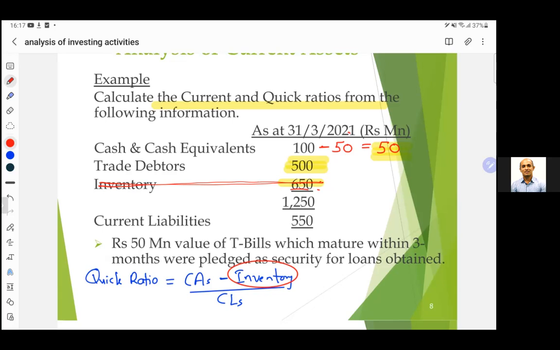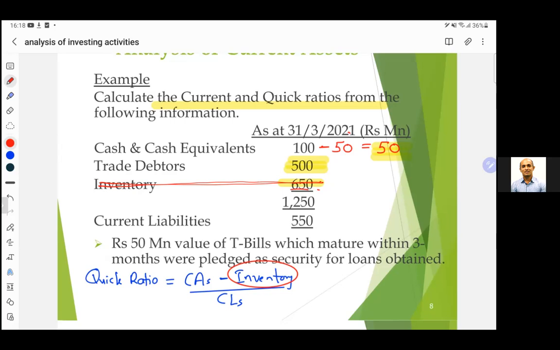So when you calculate the quick ratio for a supermarket, you don't eliminate the entire inventory, because there are inventory items which are highly liquid. So you eliminate only lower liquidity inventory items, items that are not moving fast.